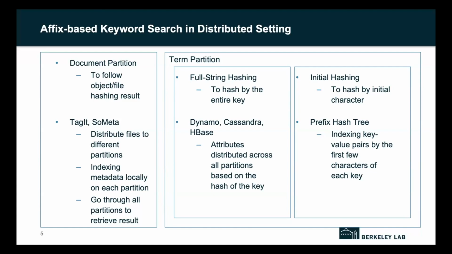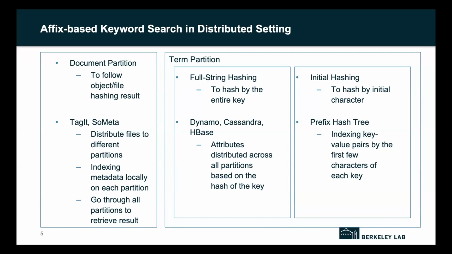There are three different methods for building the index for keywords in a distributed environment. One is called the document partition approach, where you build the index locally, and the index partition follows the partition of the objects or files.